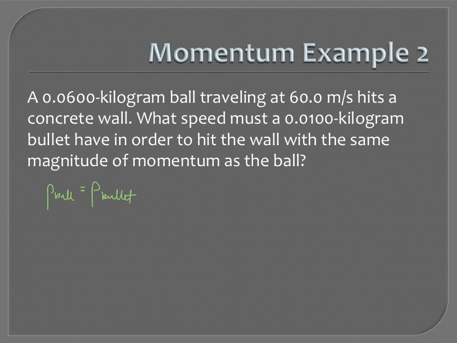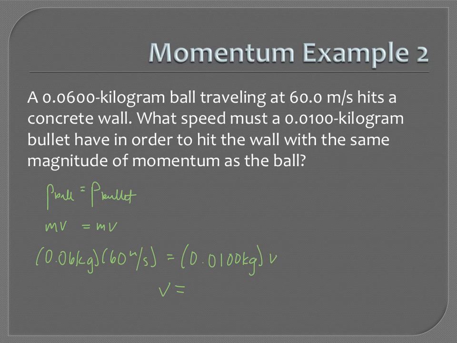They're both equal to M times V. Let's start with the ball. 0.06 kilograms times 60 meters per second has to equal the mass of the bullet times the speed that we're looking for, so that they equal each other.